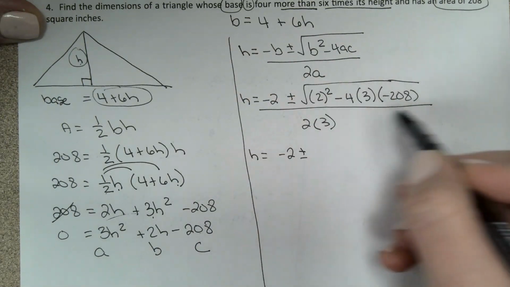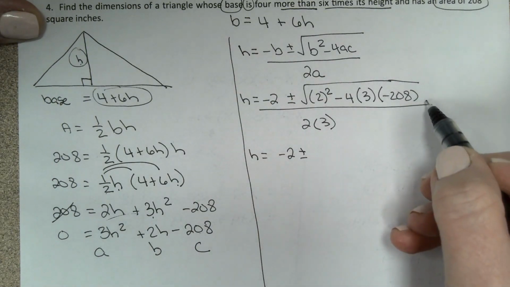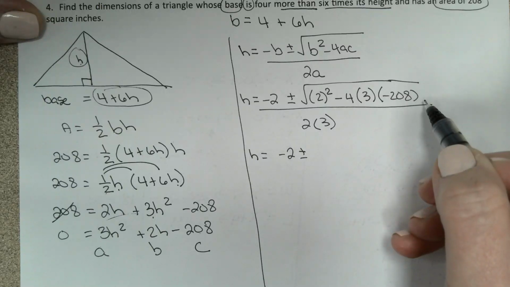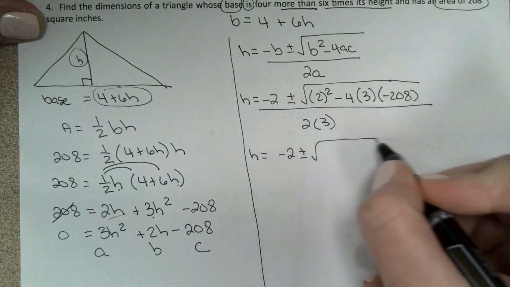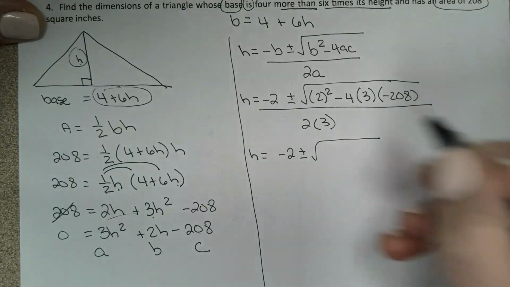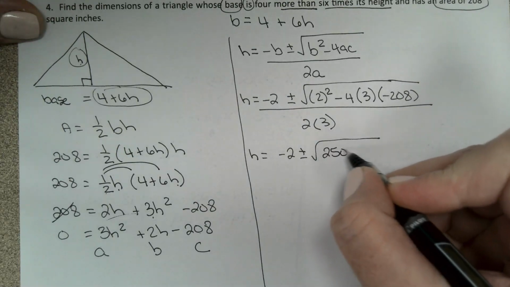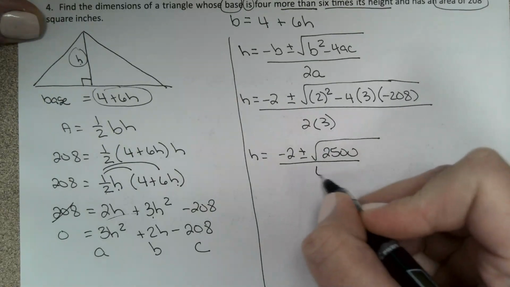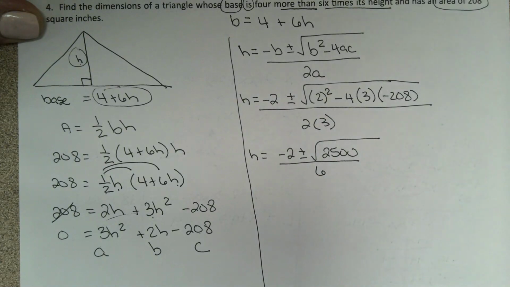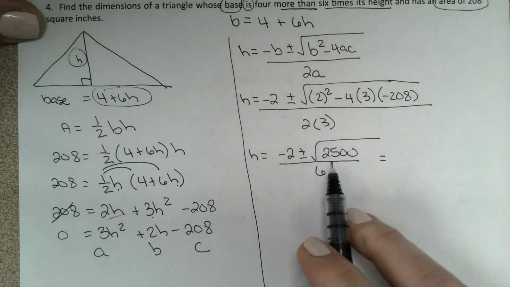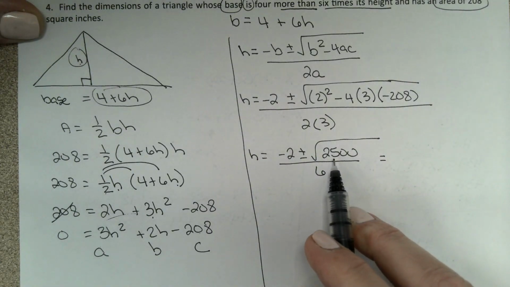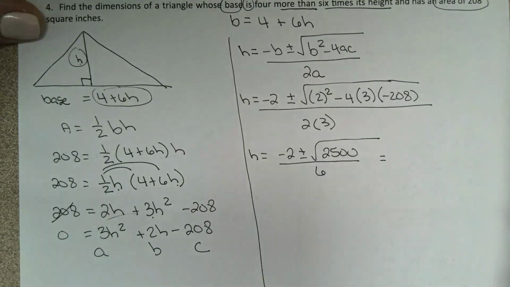I already did this in my calculator, but you could pause the video, run these numbers in your calculator, and that is 2,500 all over 6. I took the square root of 2,500, and this is a perfect square.